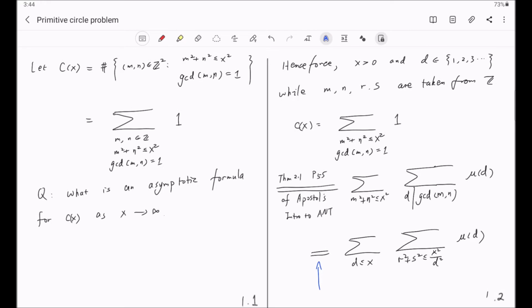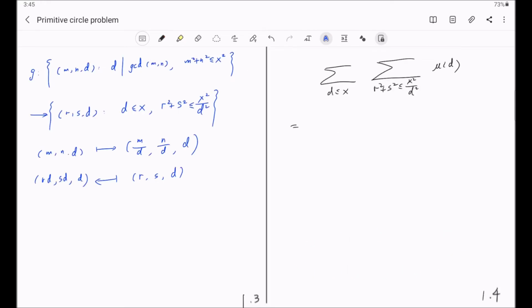Okay, now let us further simplify this last term. An easy thing to do is that we can pull this mu of d outside of this first sum, and this first sum will be a sum of ones. We can pull this outside simply because the variables here are really r and s, while d is fixed.